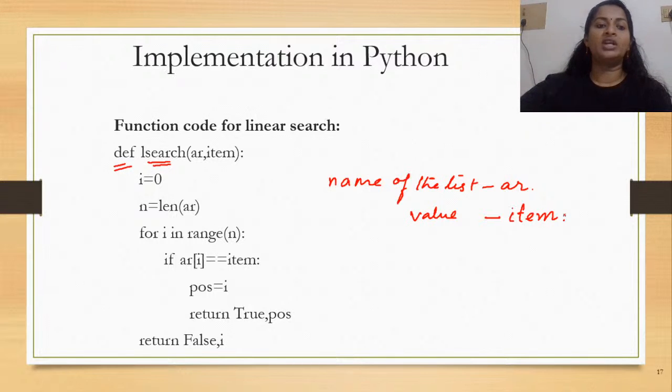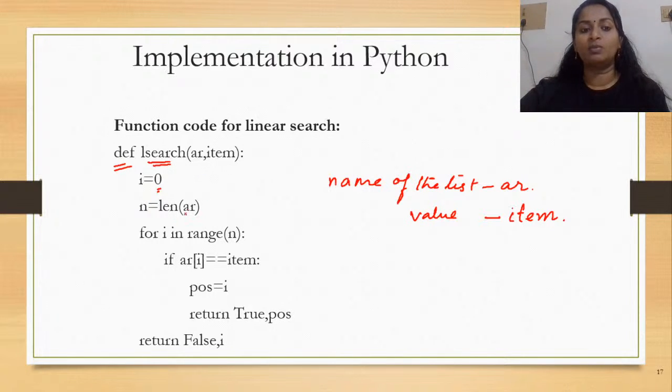Okay. Now what are you trying to do inside lsearch? You have to set the counter variable. The initial value for the counter variable is 0. Why? It is pointing to the starting index. Now what would be n? n would be the upper bound. How do you find the upper bound?